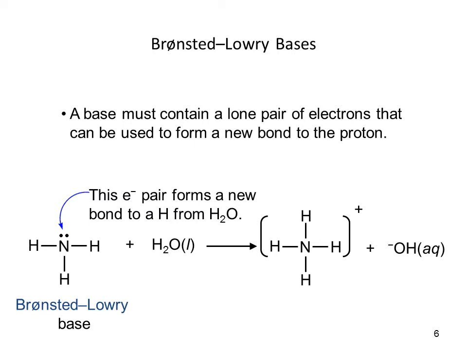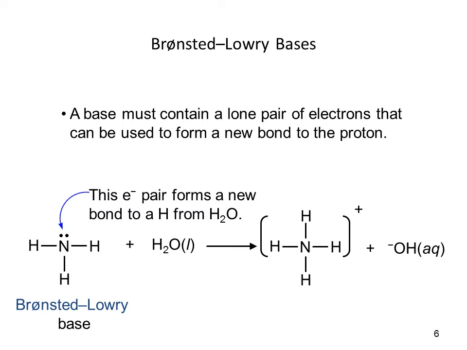A base can only accept a proton because it has a lone pair of electrons. That lone pair of electrons can form a bond to a proton, and that is what makes it a base. So if you look at this reaction here, ammonia has a lone pair of electrons.